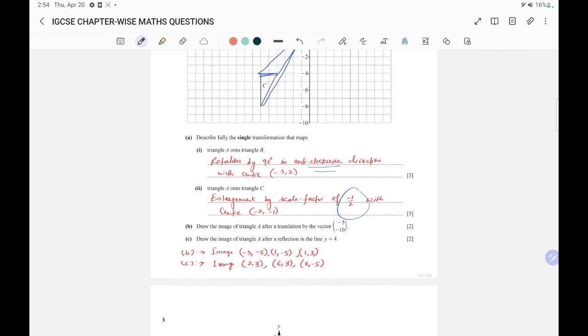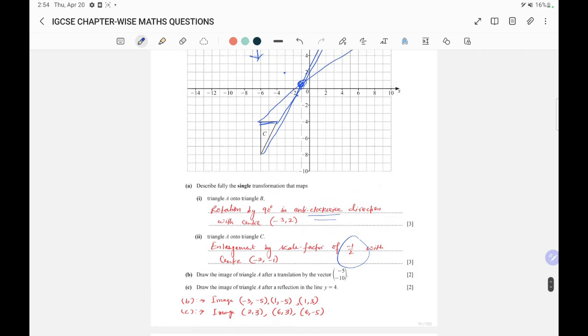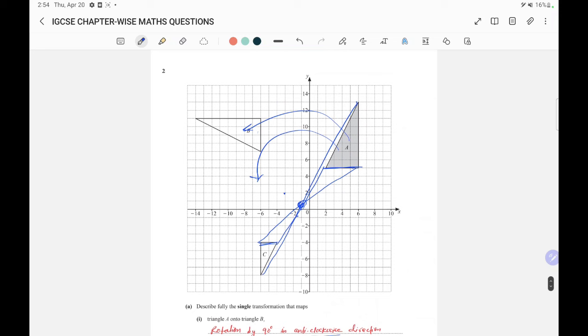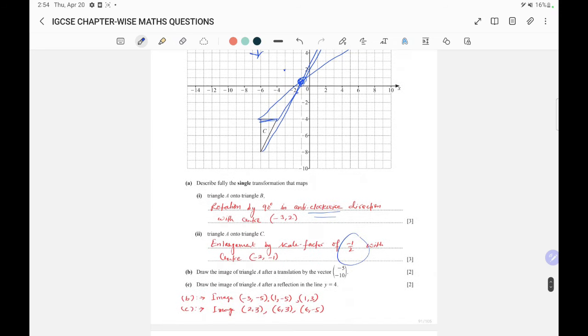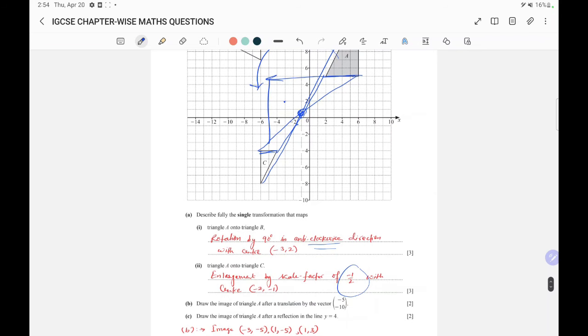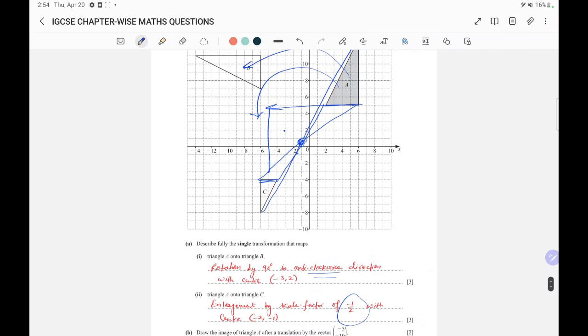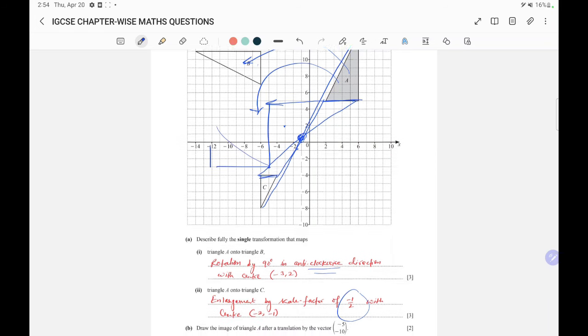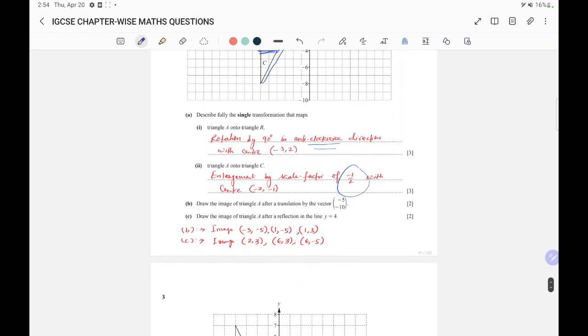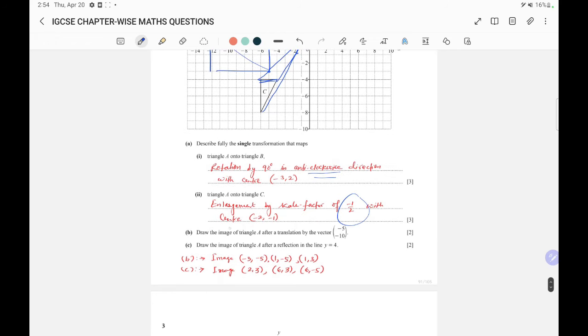Draw the image of triangle A after translation by vector -5, -10. So 5 units in left direction and 10 units in down direction. So you will get this kind of triangle over here. I have written the coordinates, just you can check that. It's easy.